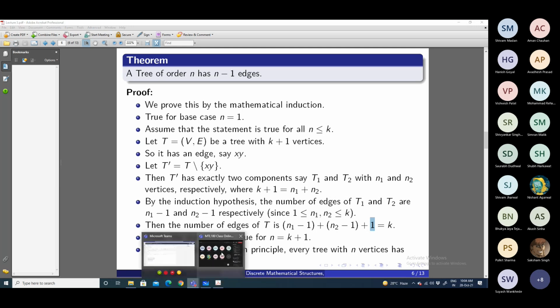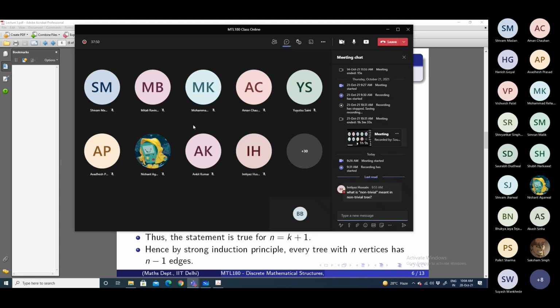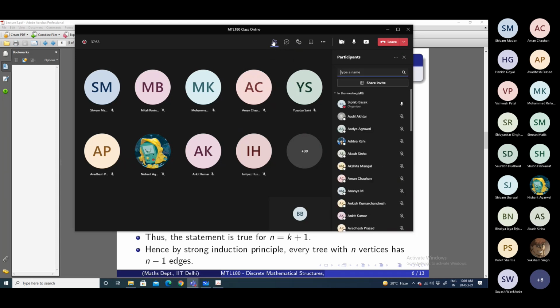Okay, so is there any student here from group 6? I can see there are a very small number of students, only 40, but still, is there any student from group 6 here? No student? I think Akash Sinha is from group 6, right? Yes, sir. Okay, so you have a tutorial. Oh no, not today. Next, sorry, Saturday.